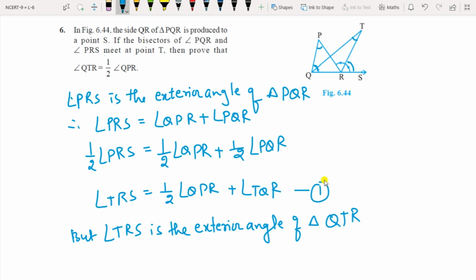If this is an exterior angle for this triangle, then this angle and this angle are the interior angles. So angle TQR plus angle QTR will be equal to angle TRS. Okay, so that is your equation number 2 here.